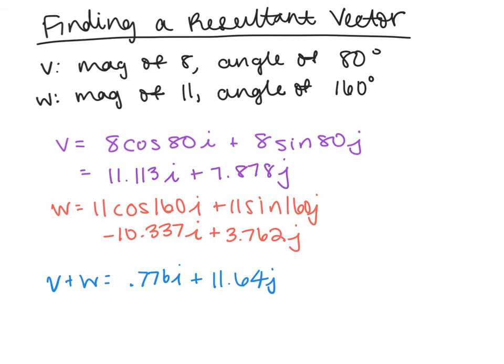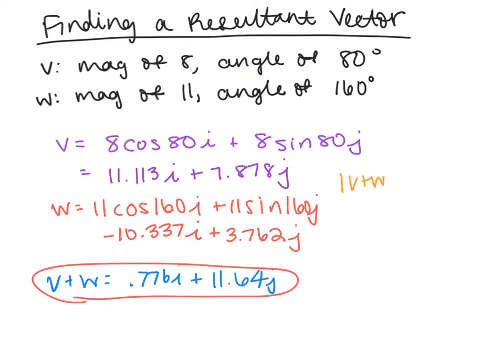So after you get this resultant, now think back to those formulas. We want to know the magnitude of v plus w, and that's just the square root of a squared plus b squared. Type that in a calculator, and you should get 11.666 for the magnitude.